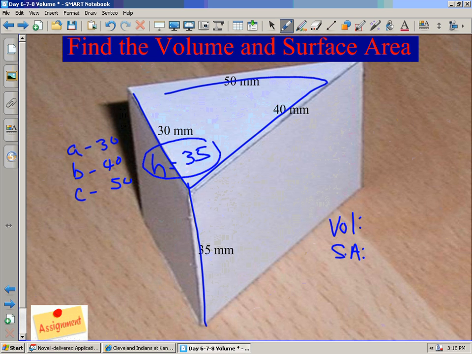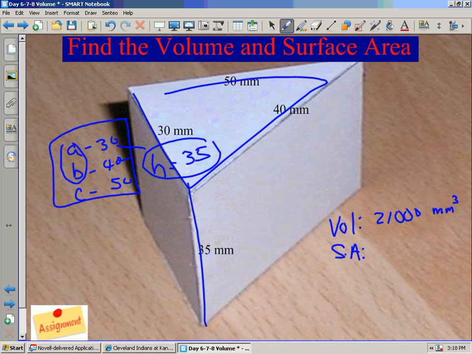So here's our height, here's our A, B, and C. For volume, A times B times H divided by 2 gives you an answer of 21,000 millimeters cubed. Our surface area, which if you remember was A times B, then each one times H, A times H plus B times H plus C times H, equaled 5,400 millimeters squared.